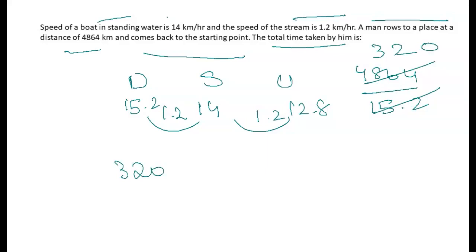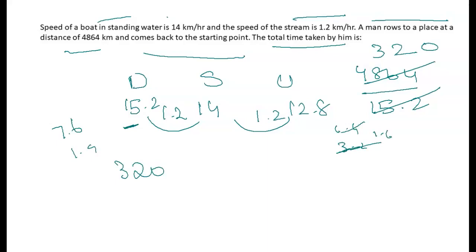The speeds are in the ratio 15.2 to 12.8, which is 19 to 16.